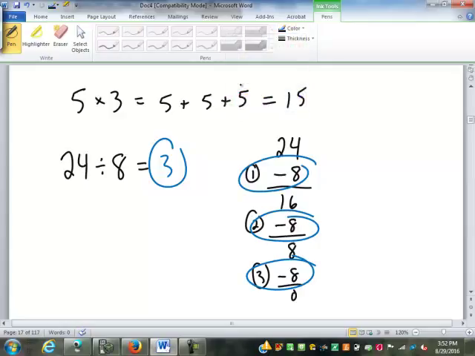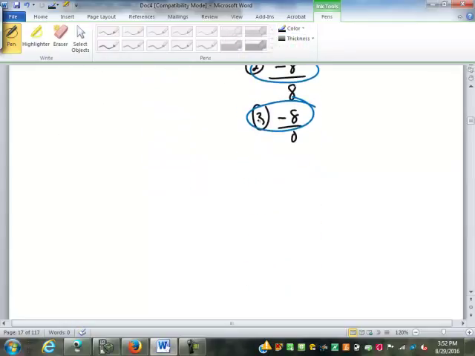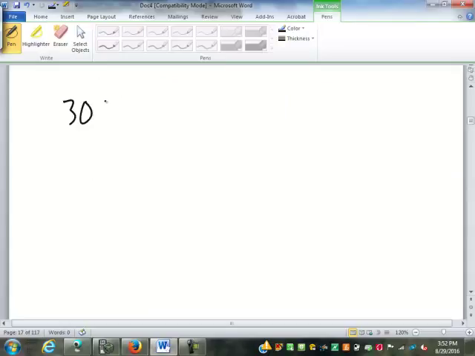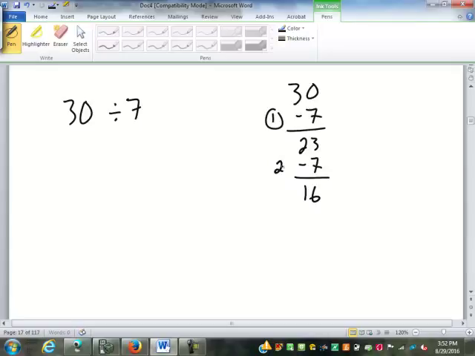By the way, this also explains our remainder system. Let's say I have 30 divided by 7. I can subtract 7 from 30, gives me 23. That's once. Subtract 7 from 23 gives me 16. That's twice. Can I subtract 7 again?